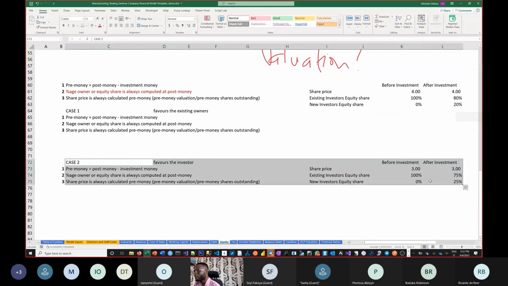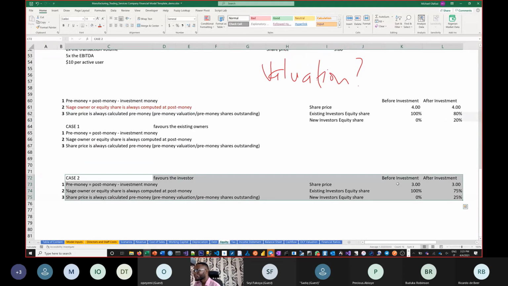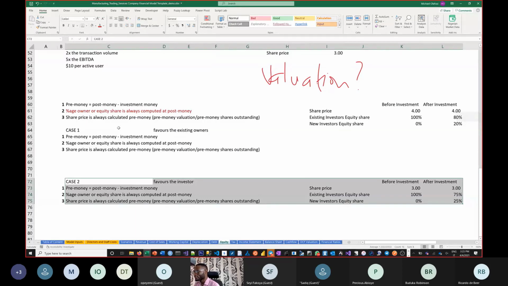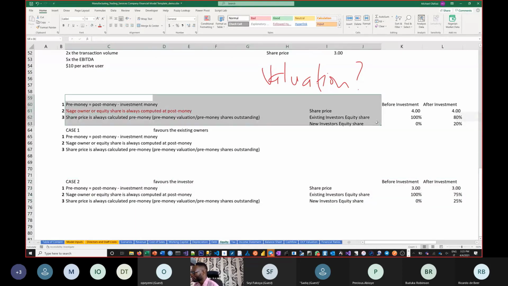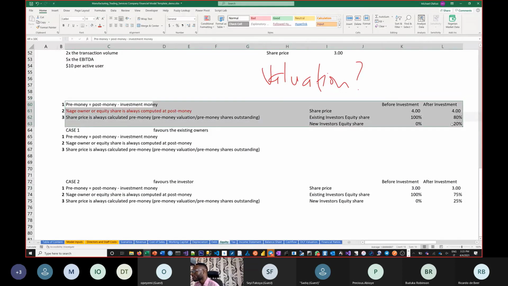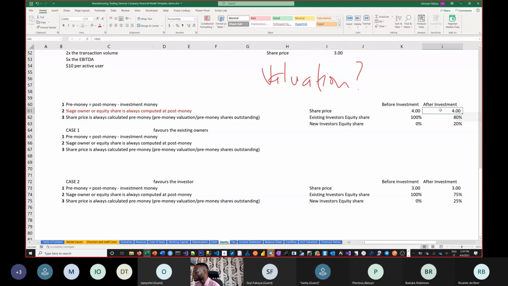They're going to get a higher ratio of ownership. And if you are smart, you will try to push for a pre-money valuation, which favors you, because it will get you a higher nominal share price, and also it will let you have a higher chunk of the business.